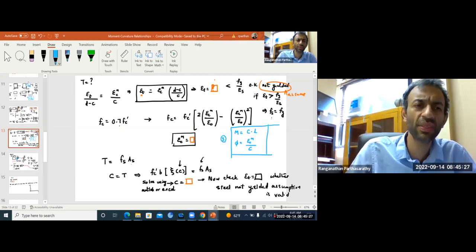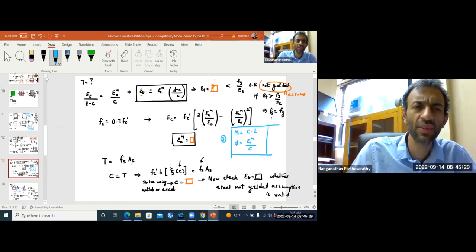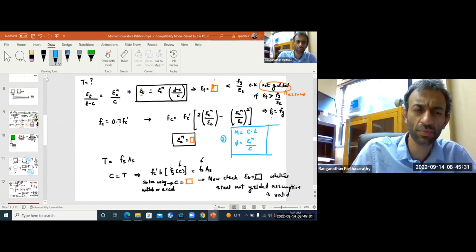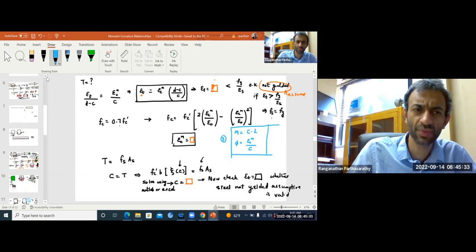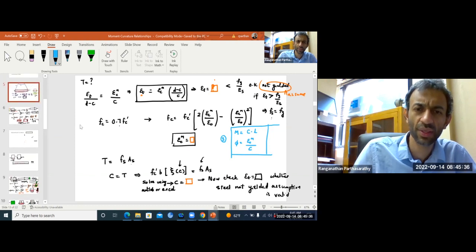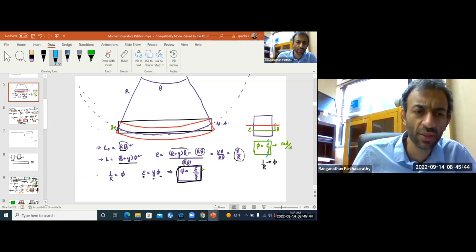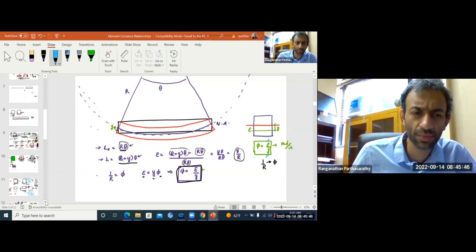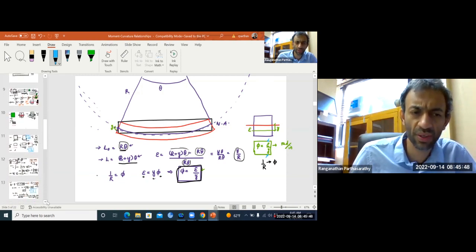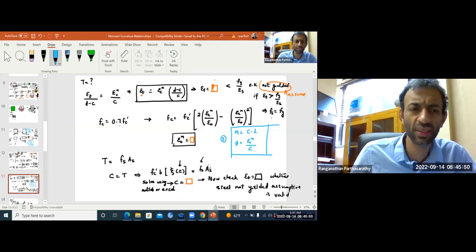Remember, curvature is just the strain at any level divided by depth from the neutral axis. So we got point 1, point 2, and point 3.